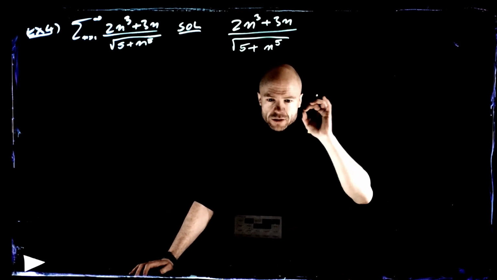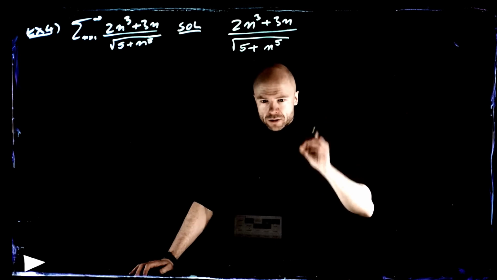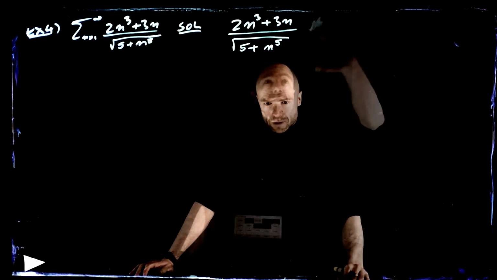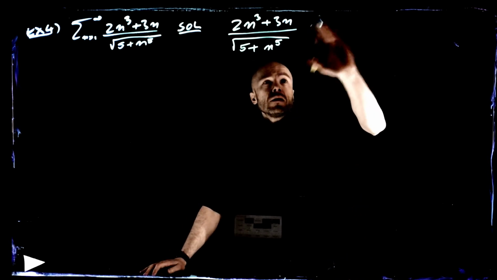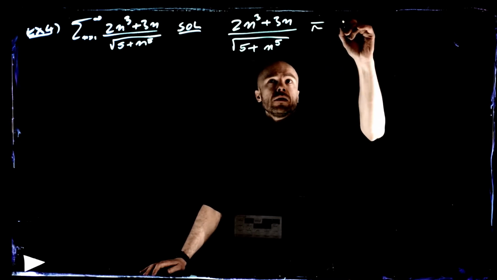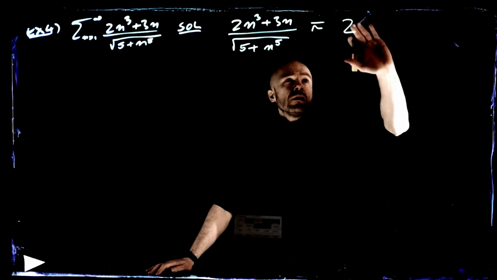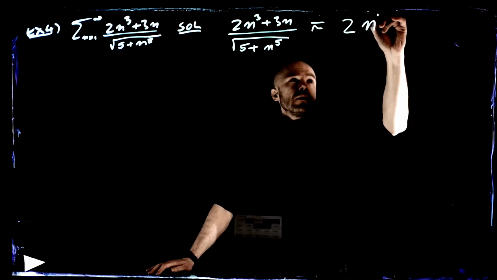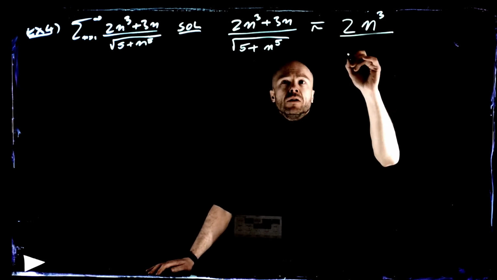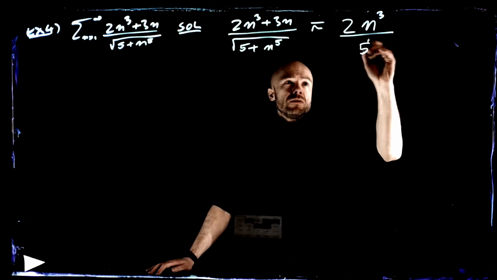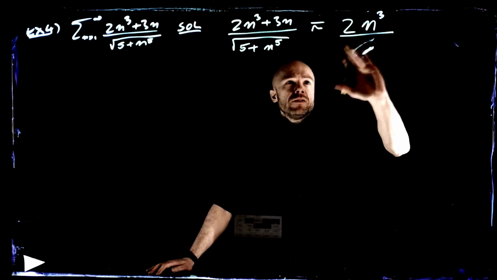So what is the essence of the way this thing either grows or decreases? A lot like 2 times n to the 3 over n to the 5 over 2.